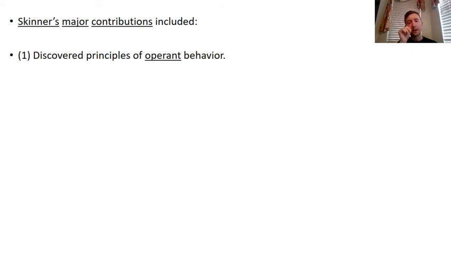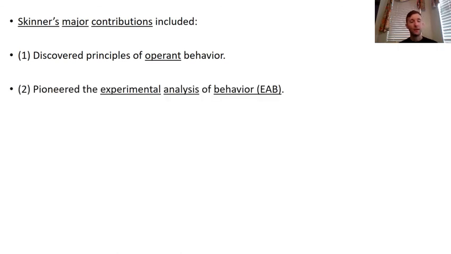Another way you can think about principle of operant behavior is as being synonymous with natural law. So he discovered the natural laws that govern operant behavior. He pioneered the experimental analysis of behavior, also known as EAB. That's considered one of the major domains in behavior analysis.